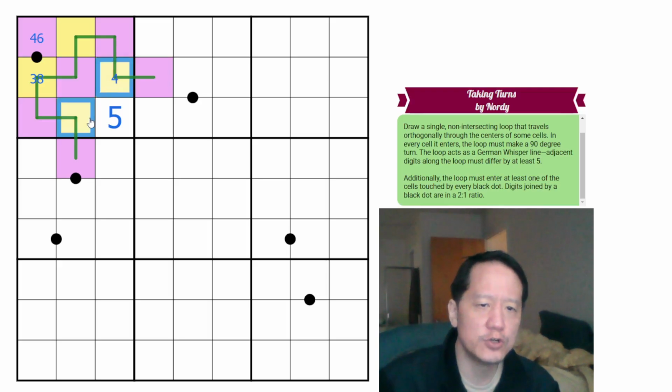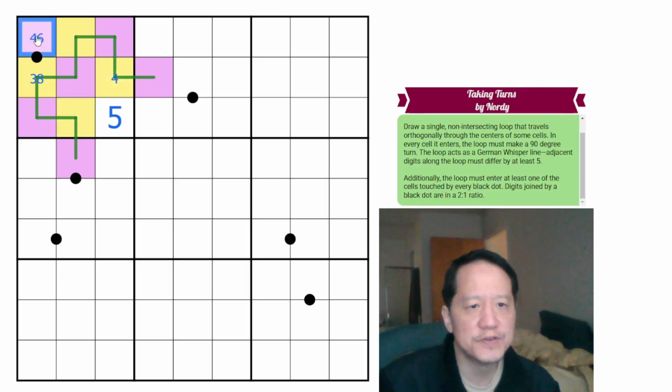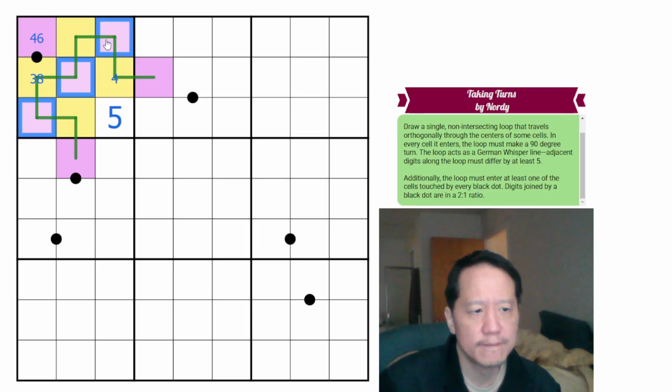The 6 could be either one. So if this is a 4, that means this has to be 8. 4, 8, which means one of these has to be 6. And the rest would be 1, 2, and 3. If this is 6, this would have to be 3.